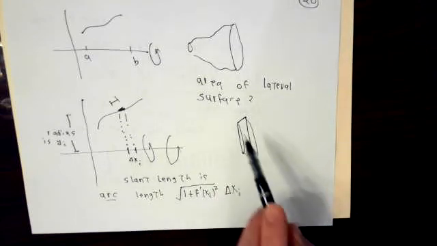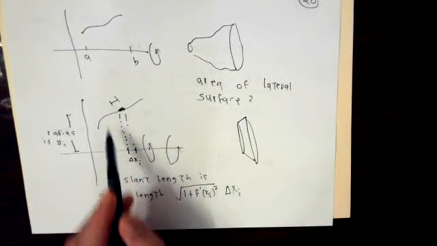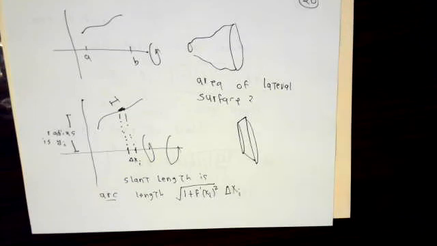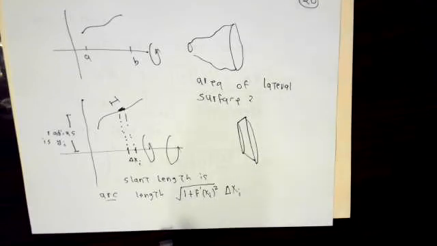The area that goes with this is 2 pi times the radius, which will be the y coordinate, which will be f of x in this problem, times the slant length. And the slant length is the arc length. So what we're going to do is take 2 pi times a y value times a little chunk of arc length, add them all up, and then take the limit to turn it into an integral.